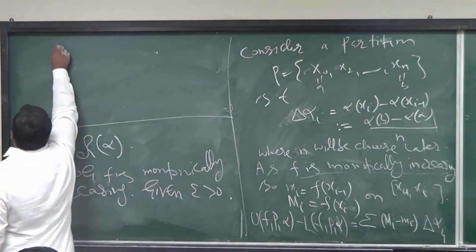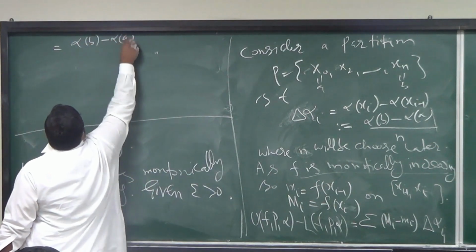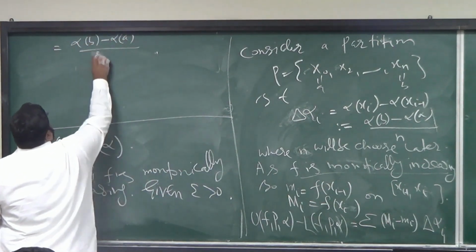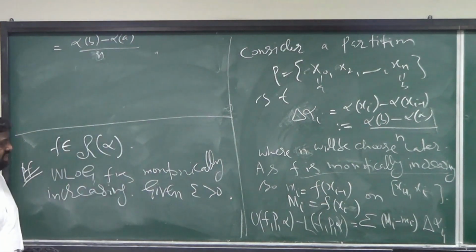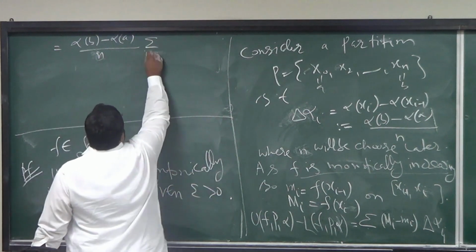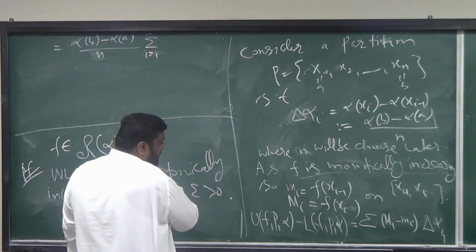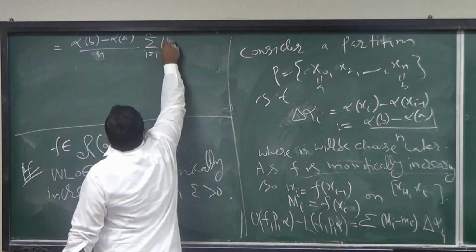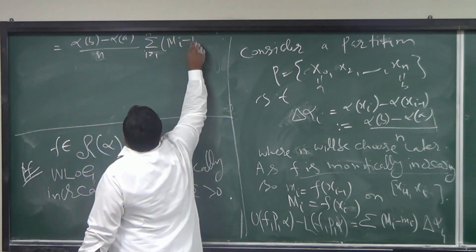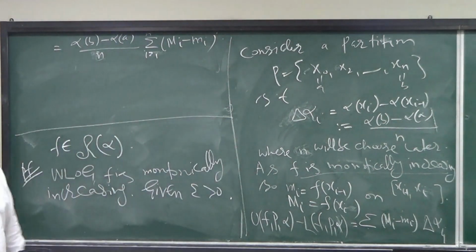So I'm going to say that this is equal to alpha of b minus alpha of a over n times the sum, i equal to 1 to n, of capital Mi minus small mi. So what do you think this sum would be then?